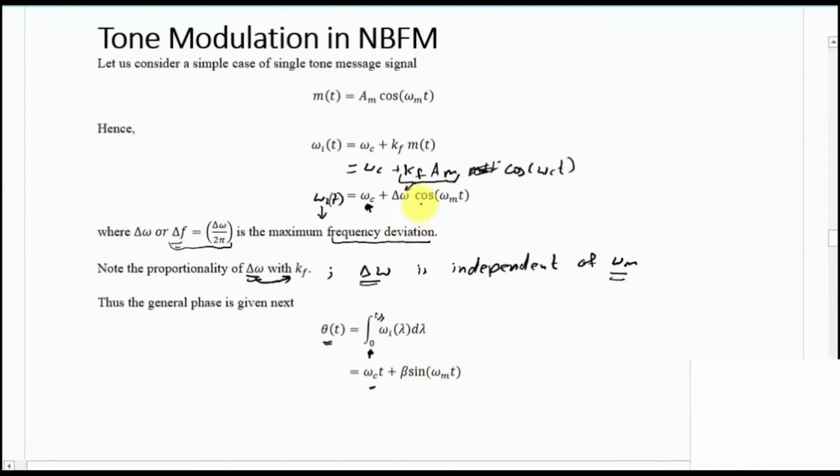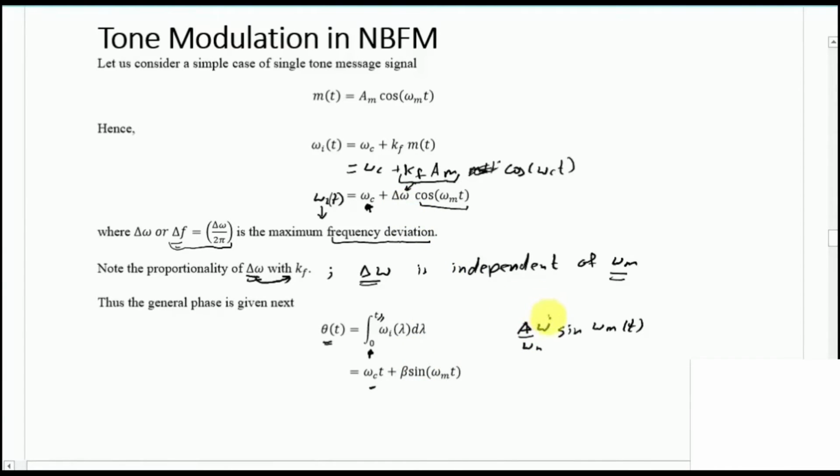We know that if we take the integral of cos omega_m t, that would be equal to 1 over omega_m sine omega_m t. That would be coming out of the integral. But at the same time, we also have delta omega, which is here, right?